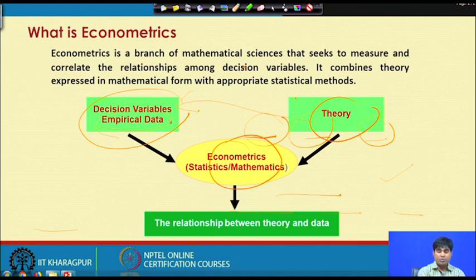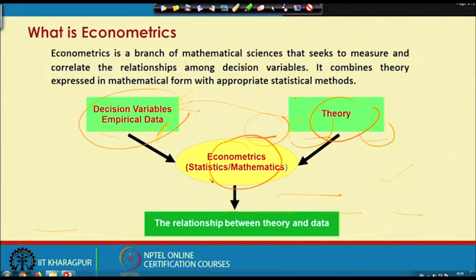So, theory will give you the structure of decision variables, and then against all the decision variables we have here data, that is the information, and then the econometrics job is how this information corresponding to these decision variables, and that too corresponding to the particular theory, will be examined in a systematic way to get some kind of insights which may be very innovative, which may be something new, and to address the same engineering problems in a different way, and that will give you some kind of excellent and perfect decision making outcome.